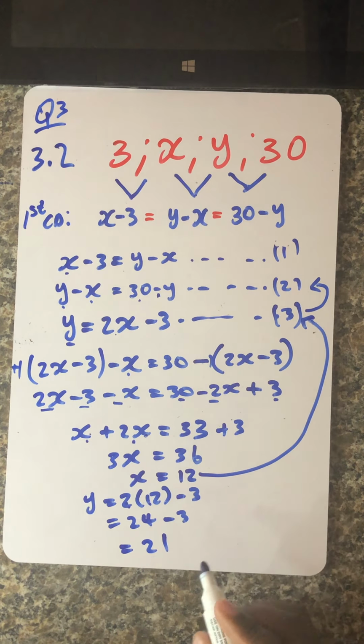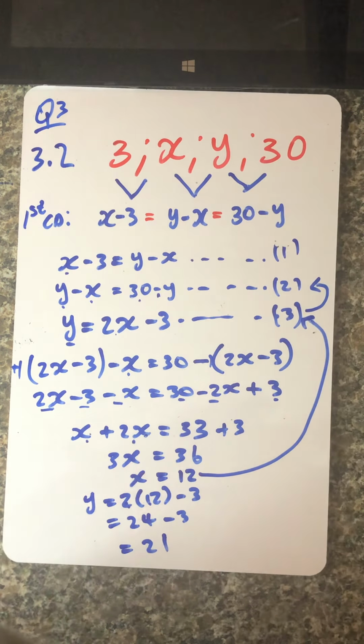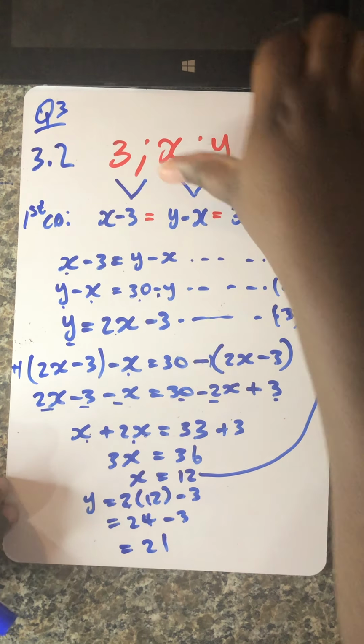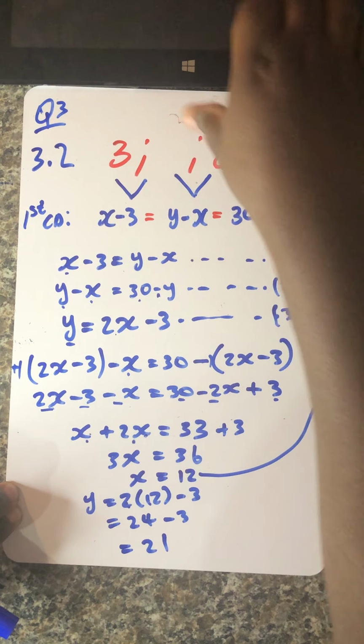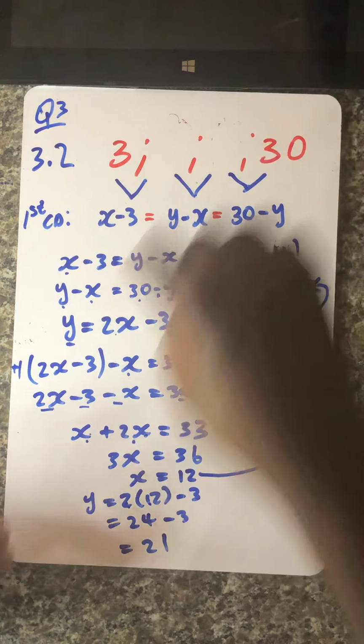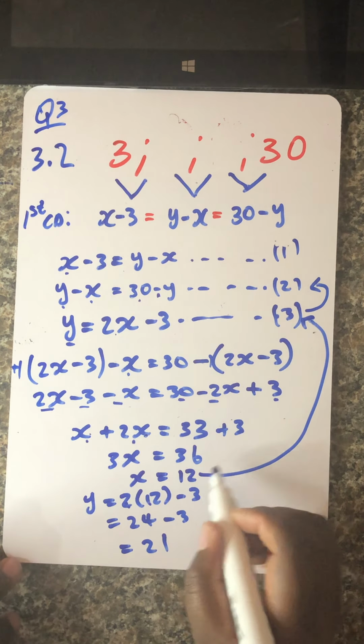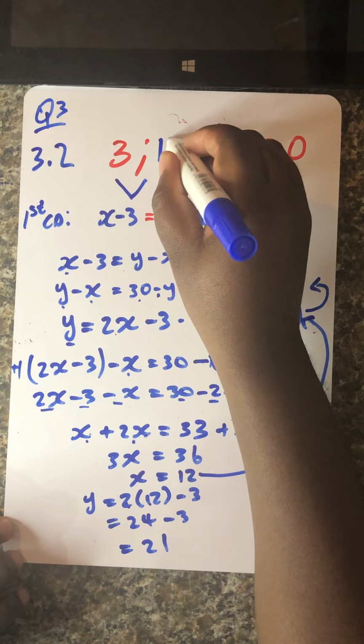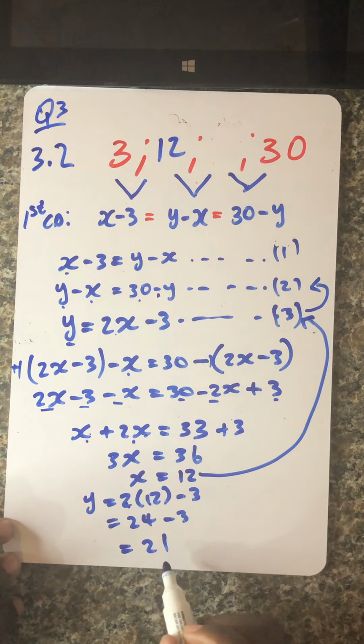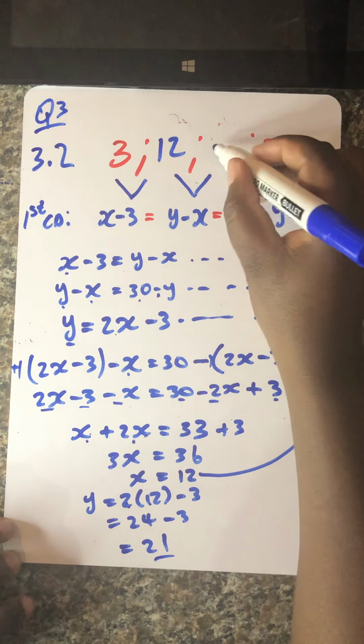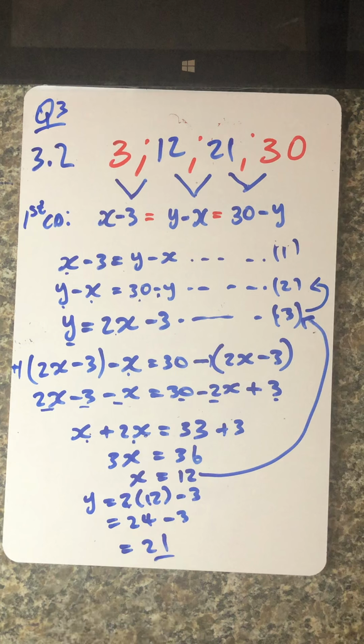So ladies and gentlemen, let me now replace these answers that I got. Remember, this is x, this is y. So I got 12 as x, that means my x is 12, then my y is 21. Very much important, guys.